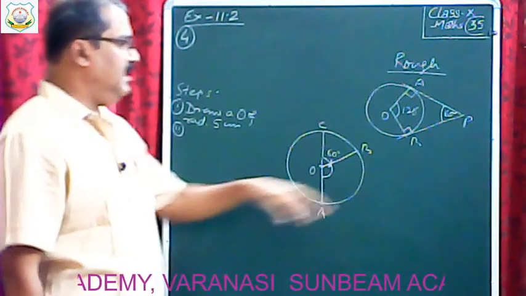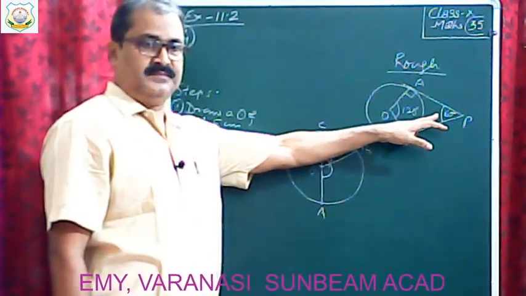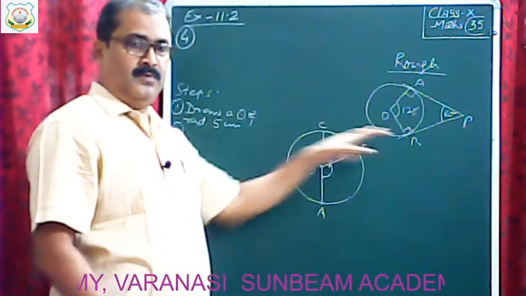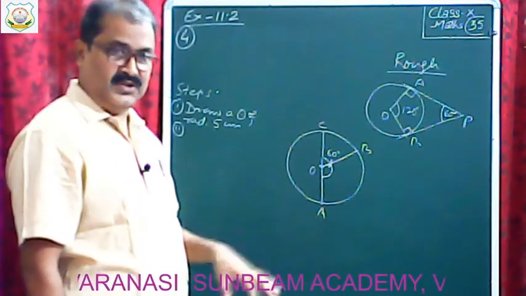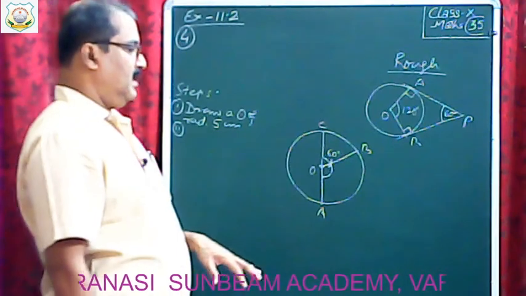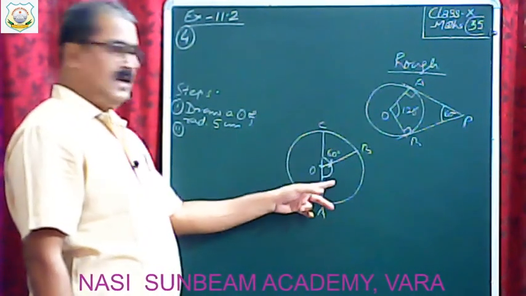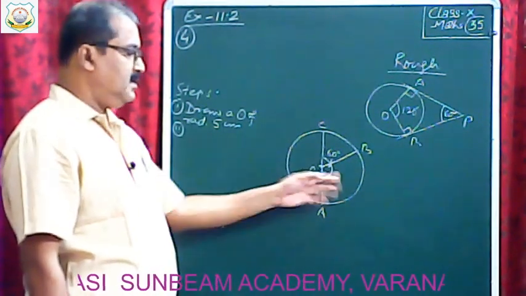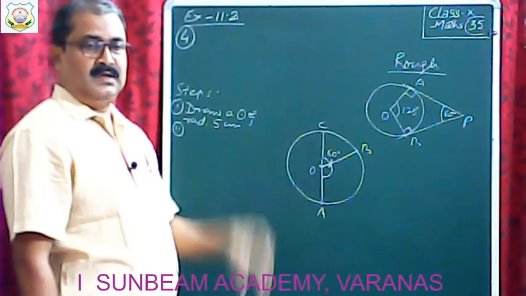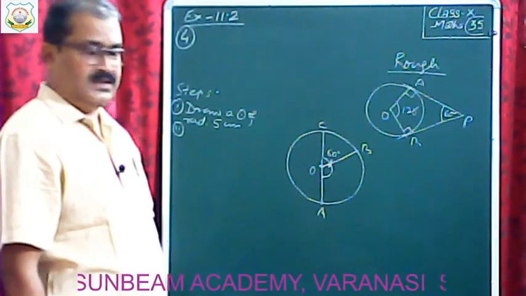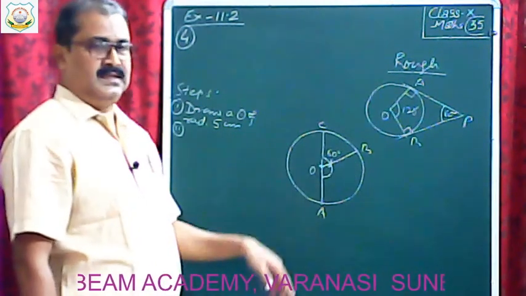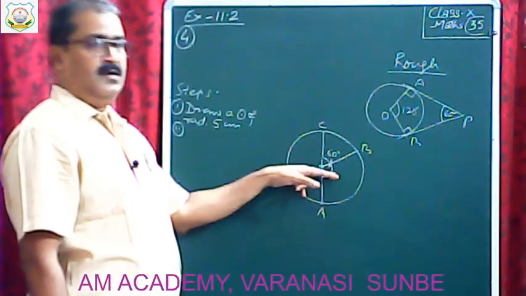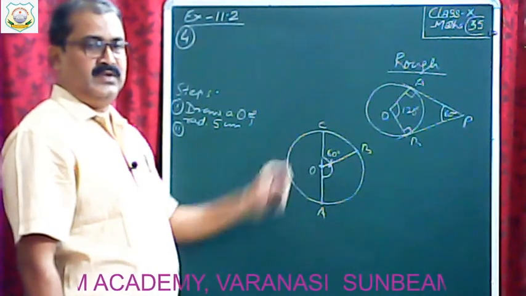So whatever angle of inclination is given, that angle you have to draw on the diameter, taking the center as initial point. Then its adjacent angle is the supplement of the given angle of inclination, means angle AOB is the supplement of 60, that is 180 minus 60, that is 120 degree.